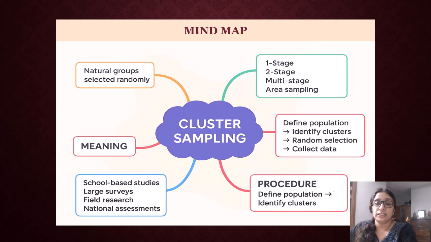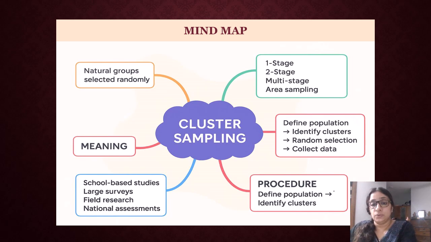So for collecting data, we are dividing population into different groups, and while collecting data from those groups, we call that procedure cluster sampling. So here we go through the mind map. Cluster sampling means natural groups selected randomly. We will select the groups randomly. There are two stages of cluster sampling, stage 1 and stage 2. And we should define the population, identify the clusters, randomly select the clusters, and last collect the data.